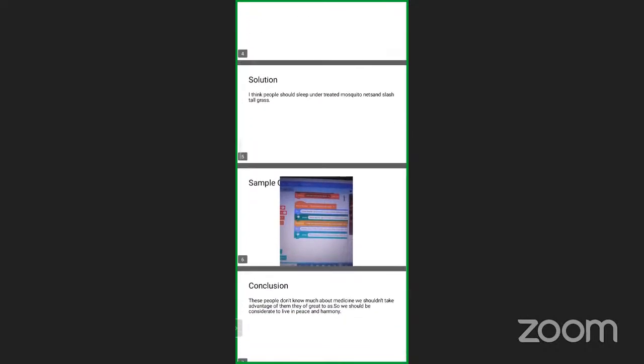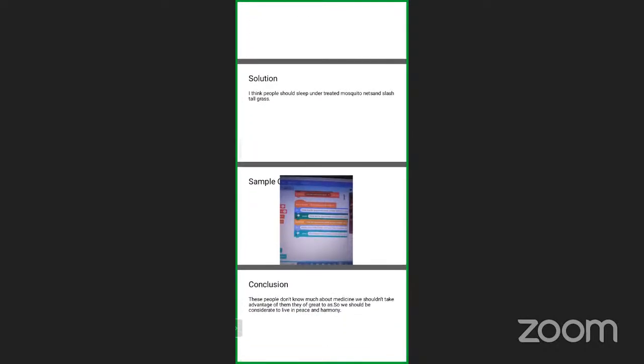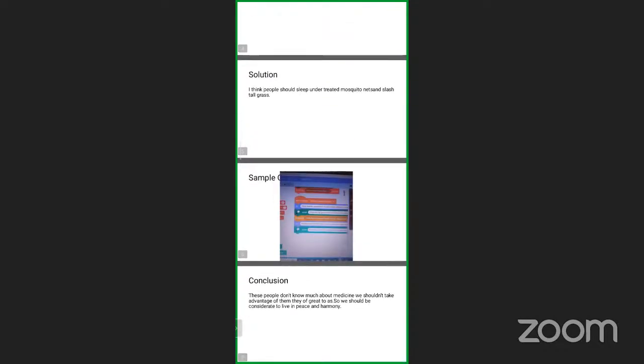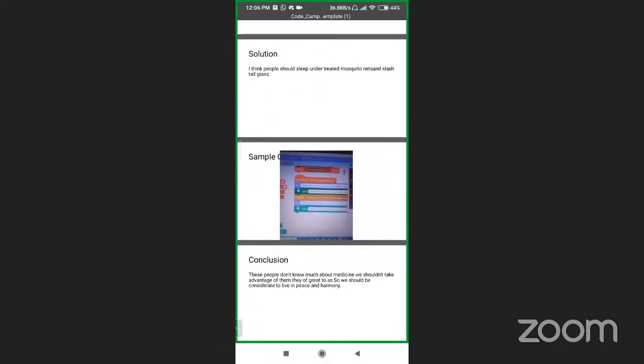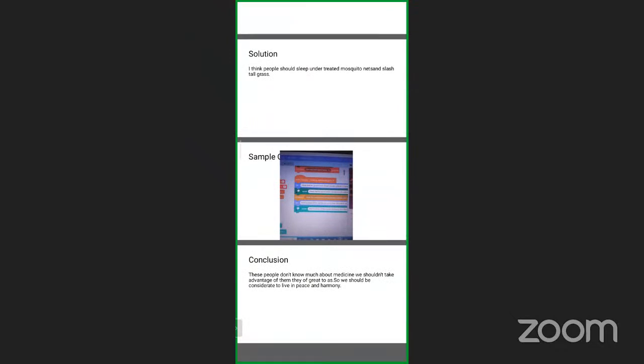And my solution is that I think people should sleep under mosquito nets and slash their grass. And this is my code. And my conclusion is that these people don't know much about medicine, so we shouldn't take advantage of them. They have great use to us also, so we should be considerate to live in peace and harmony.